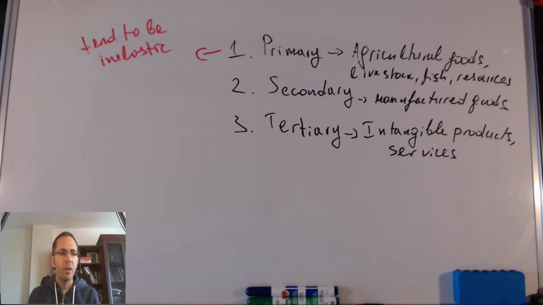Now, why does that happen? To analyze this, we're going to use the same approach that we did in the lesson where we examined the determinants of price elasticity of demand. Primary commodities, and you can think of it as natural resources, have very little substitutes available.